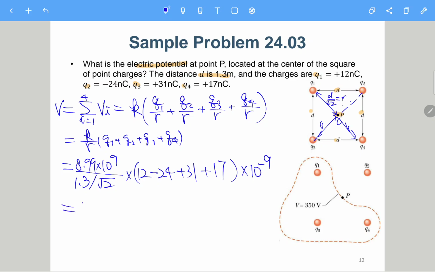So V is 350 volts at point P, and actually this one is positive, positive, positive, and negative.